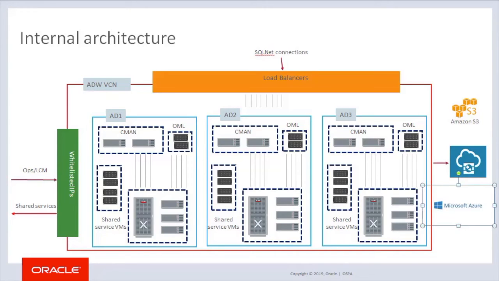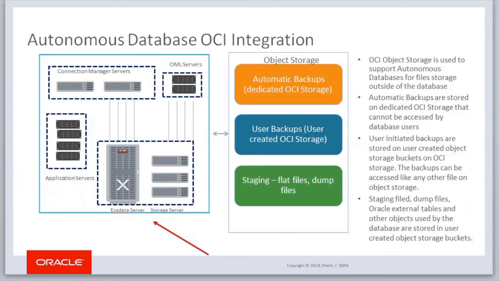Connectivity to object stores such as Amazon S3 also leverages this architecture. Connectivity to the Autonomous Database for permitted access, such as those of Oracle Cloud Operations, virtual cloud networks, or shared services, is performed through a whitelisted IP service that guarantees that only determined IP addresses can access these services directly.